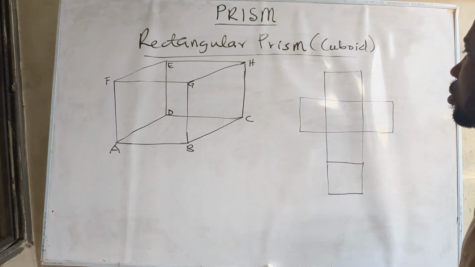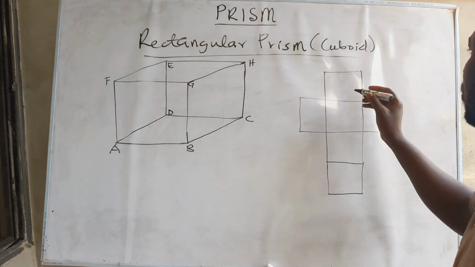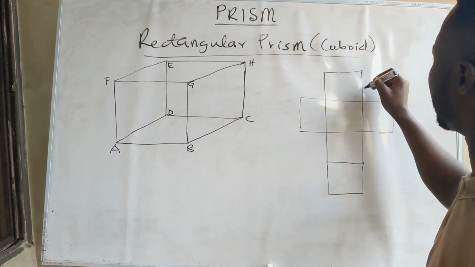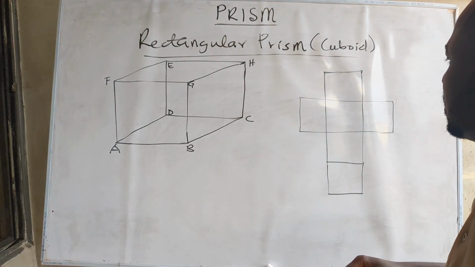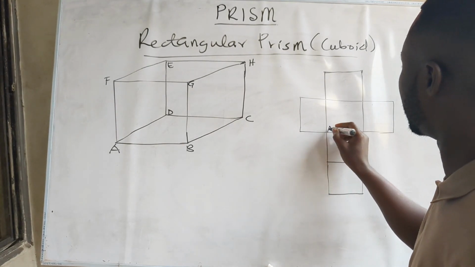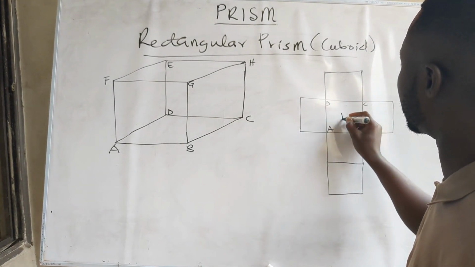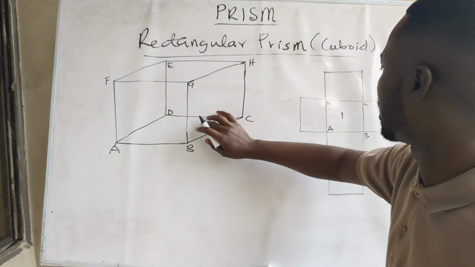So this is the net of a keyboard. Let's say the base here, this particular face, let's call it A, B, C, D. This is one face, down here.